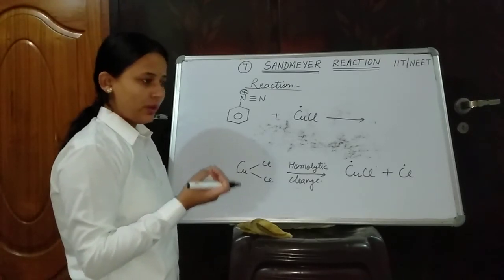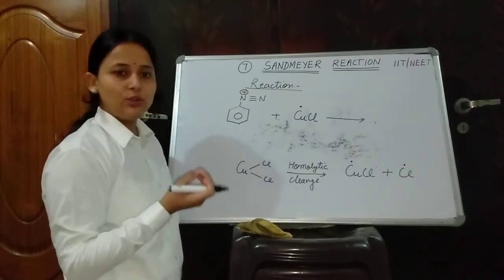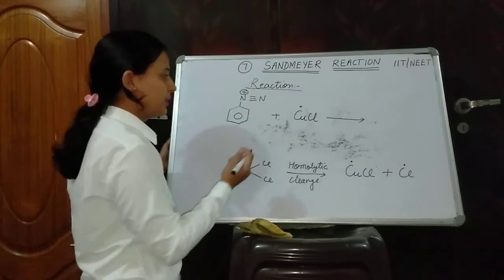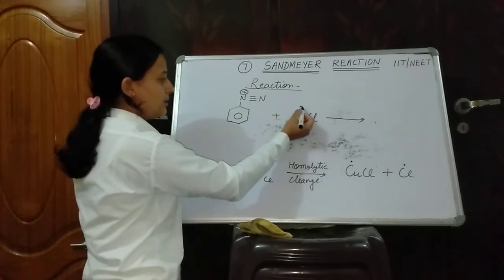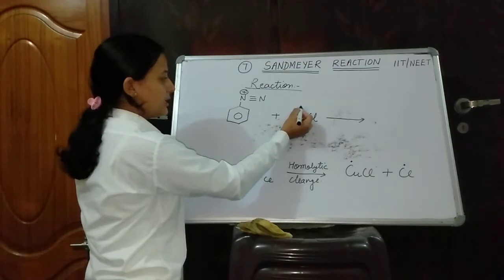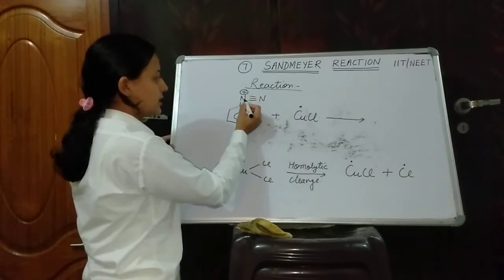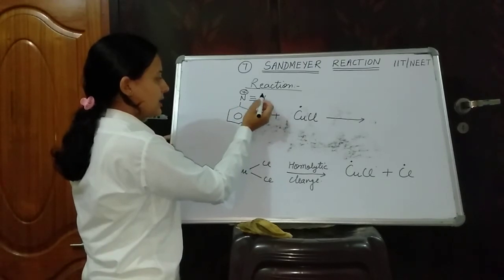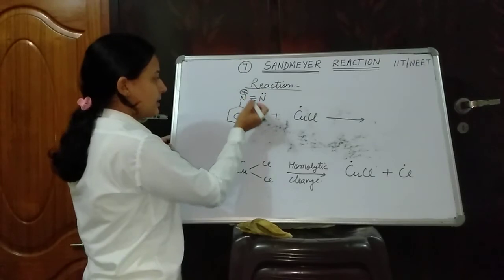That means you have to concern yourself with the electrophilic and nucleophilic side of the particular molecule. Here this is CuCl, this is the free radical and this is the positive charge on the nitrogen atom, and this nitrogen atom has automatically completed its valency.